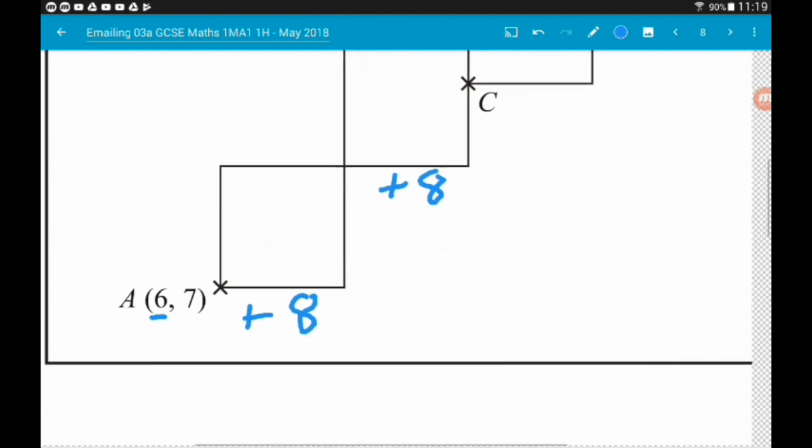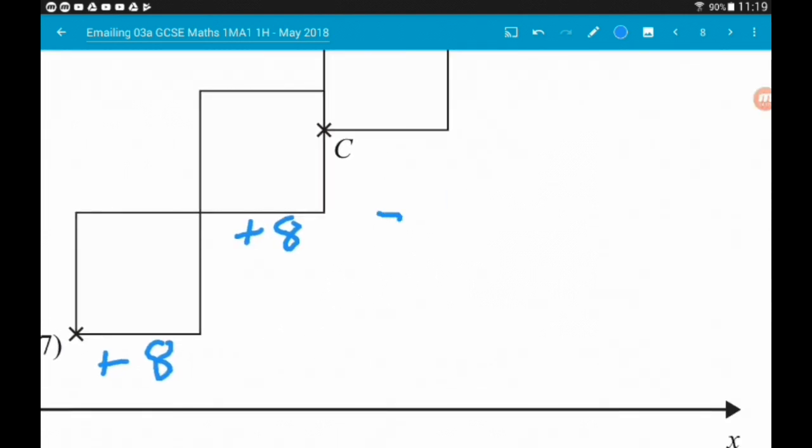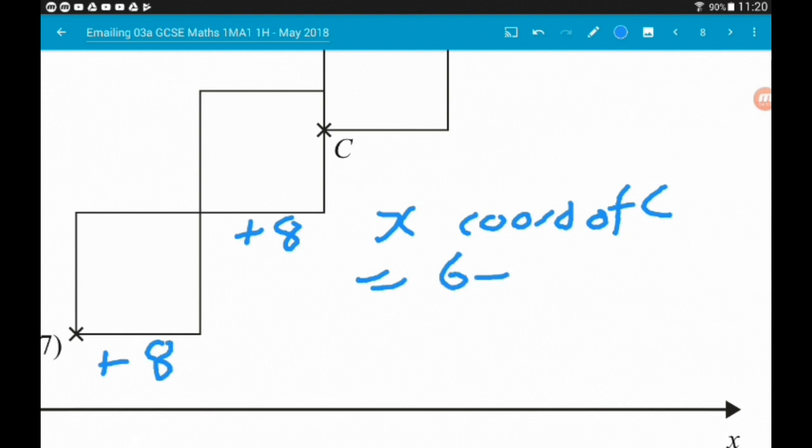So the x coordinate of C is 6 add 16, which is going to give us 22. So we got the x coordinate, now we need to get the y coordinate.